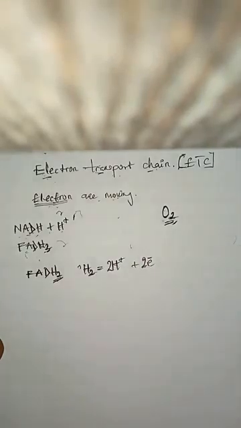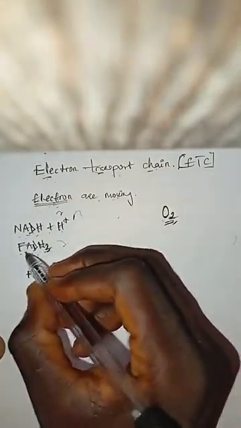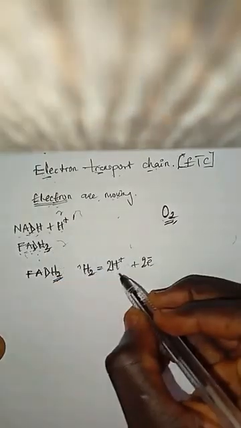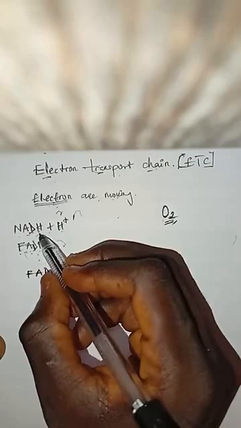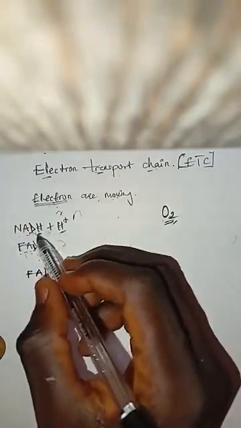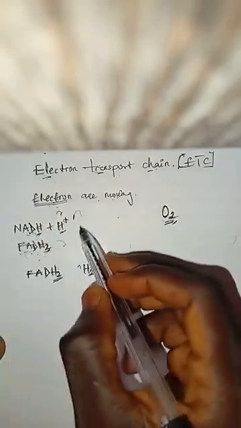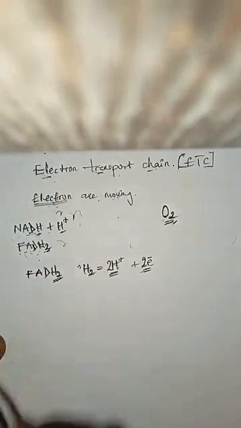What am I trying to tell you? In this FADH2, there are 2 protons and 2 electrons. In like manner, in NADH plus H, there are also 2 protons and 2 electrons, and likewise in this FADH2. Are you getting the idea?